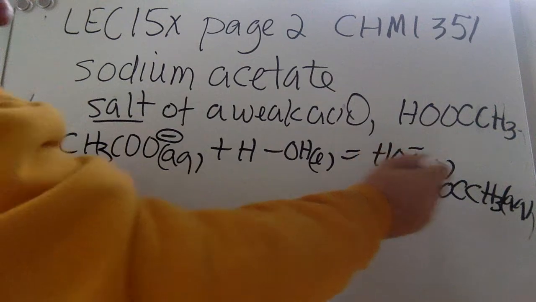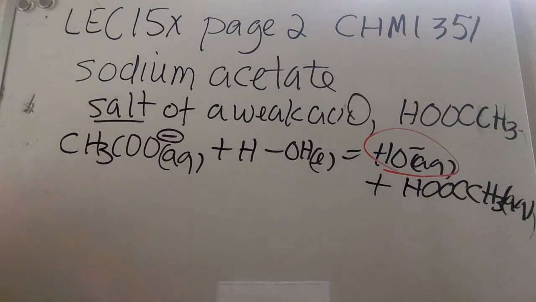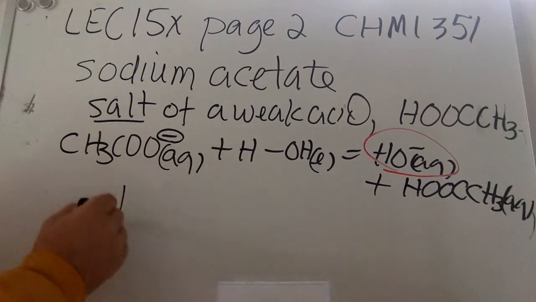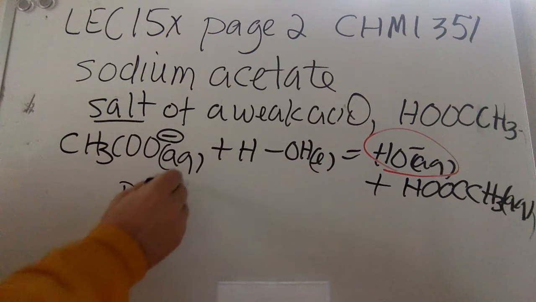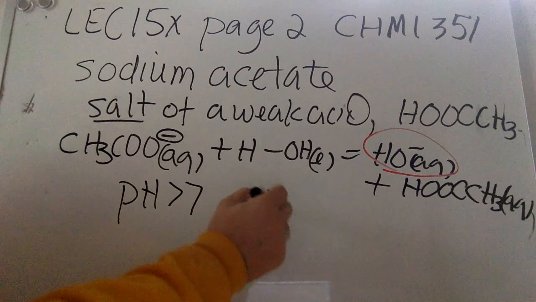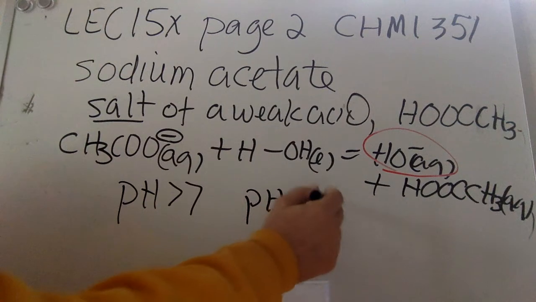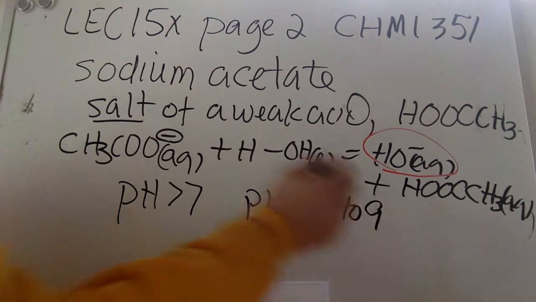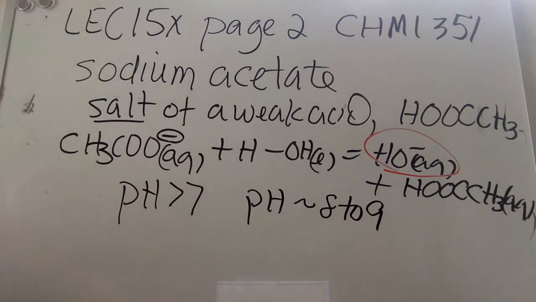Well, it's the hydroxide. So we don't look at the weak, we look at the strongest, and the strongest species present at this particular time is the actual hydroxide ion. So the solution is basic. We suggest the pH is greater than 7, and from previous experiences you may think the pH is between 8 to 9 based on some analytical calculations, which we're not going to do here today.